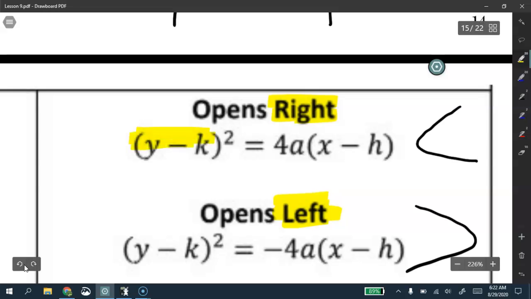Notice how y minus k shows up right over here, and that's squared. The same thing goes for opening left: y minus k is squared, however, x minus h is not squared. So that's one of the ways to tell which one you're looking at. In the one that opens right, y minus k is squared, and in the one that opens left, y minus k is squared.